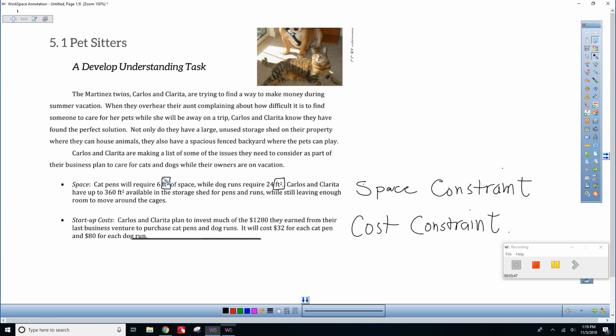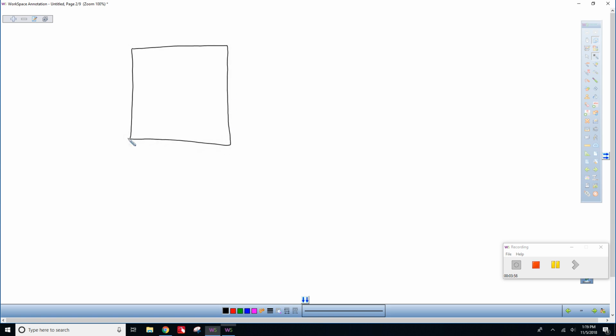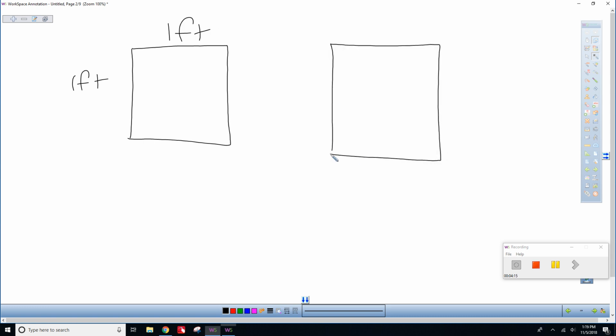What is a square foot, you might ask? On my screen that I'm writing on right now, not on your computer screen, it is literally that. It is 1 foot by 1 foot. Now here's a question. How many square inches are in a square foot? So again, that's 1 square foot.